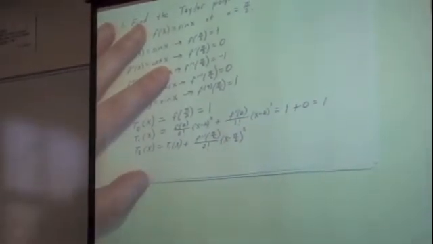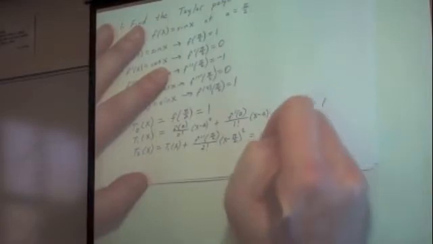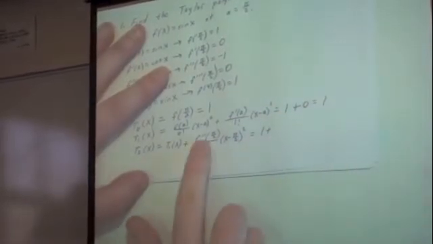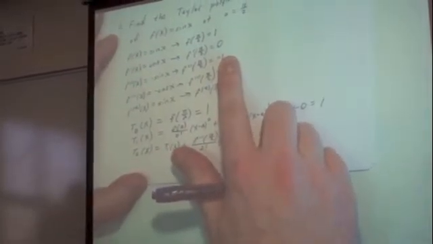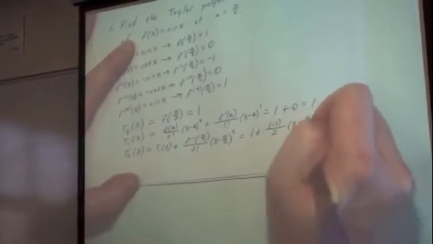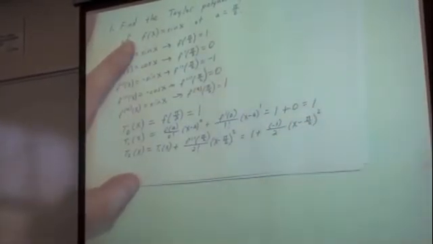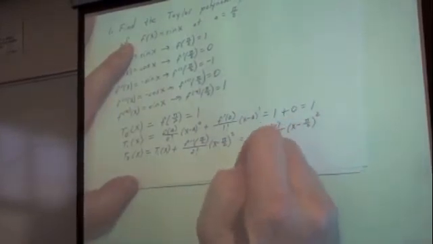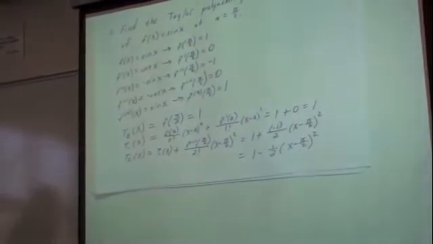So the second Taylor polynomial is going to be 1 plus the second derivative evaluated at pi over 2, which was negative 1 up here, guys. So that's plus a negative 1 over 2 factorial, which is just 2, times x minus pi over 2 squared. So the second Taylor polynomial then is 1 minus 1/2 times the group x minus pi over 2 squared. It's probably easier just to leave it as that.